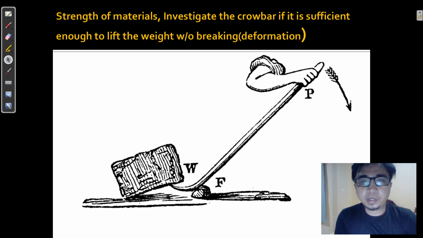In strength of materials, we are going to investigate whether the crowbar is sufficient to lift the weight without breaking or being subject to deformation. It might be that your material is not sufficient for P to lift the weight in the figure. That's all about strength of materials.